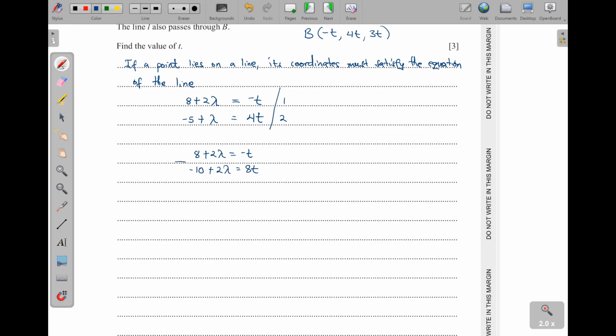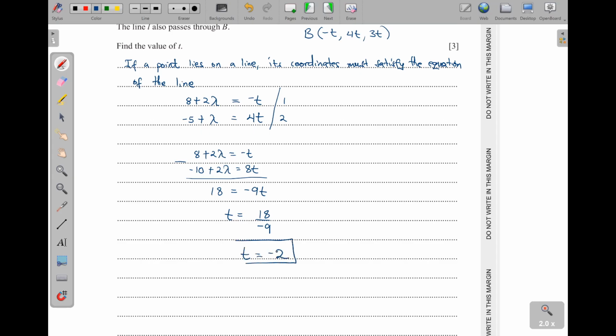Then when we subtract for lambda to disappear, 8 minus 10, that will give us positive 18. And then negative 1 minus 8, that is negative 9. So negative 9t. That simply implies that our t is going to be equal to 18 divided by negative 9. So t is equal to negative 2.